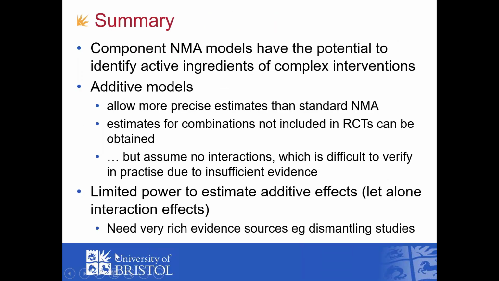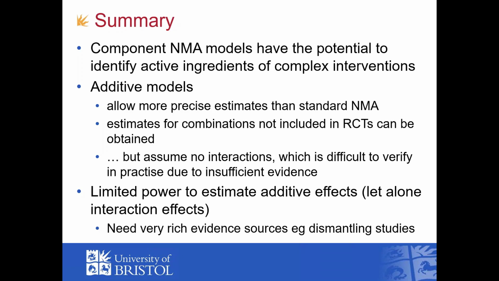Okay, so just to sum up, I think component network meta-analysis models have potential to identify active ingredients of complex interventions. By fitting additive models in particular, I think these are the most feasible to fit in practice. They give us more precise estimates than a standard network meta-analysis.